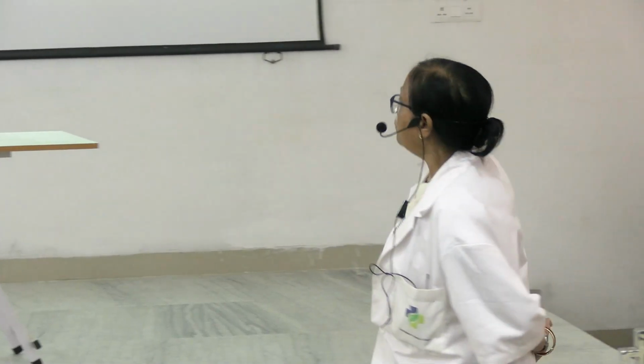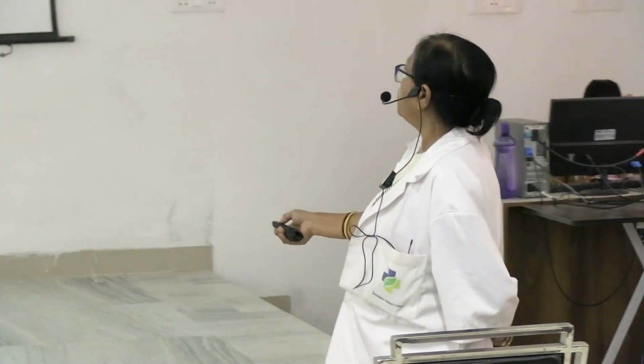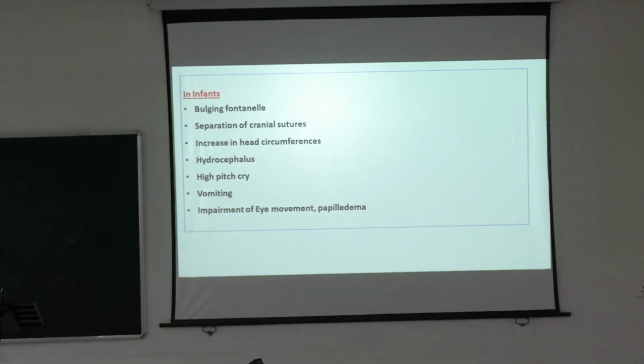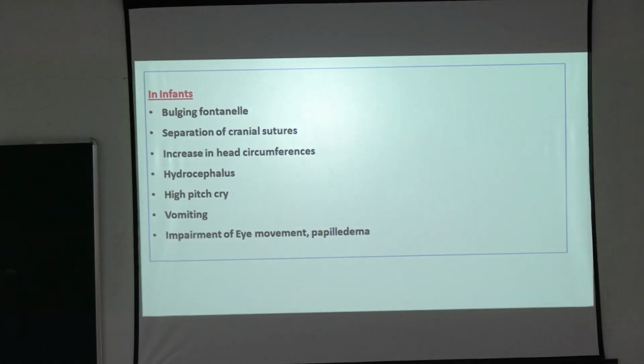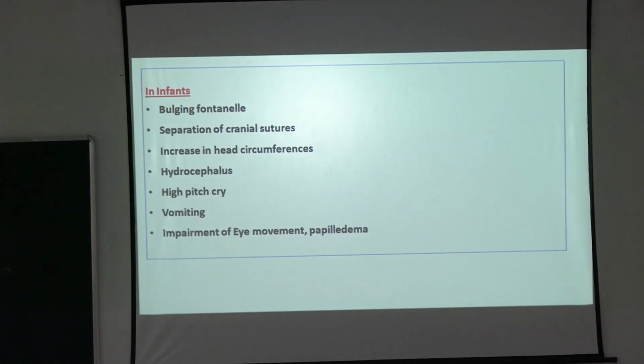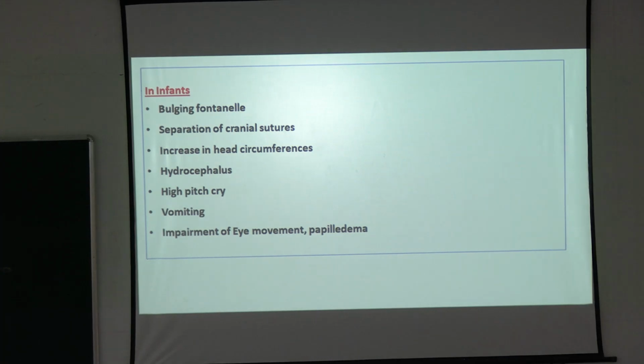There is projectile vomiting, the patient presents with a high pitched cry and impairment of eyeball movement. Sometimes they produce hydrocephalus, that is an increased size of the head due to obstruction of the CSF. So adults and children present differently.